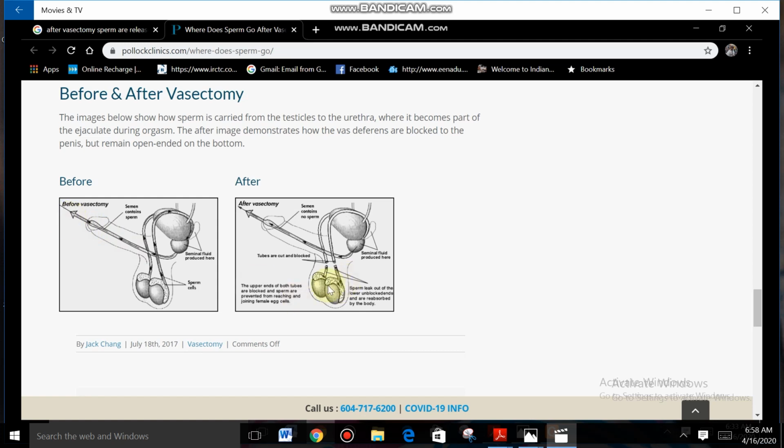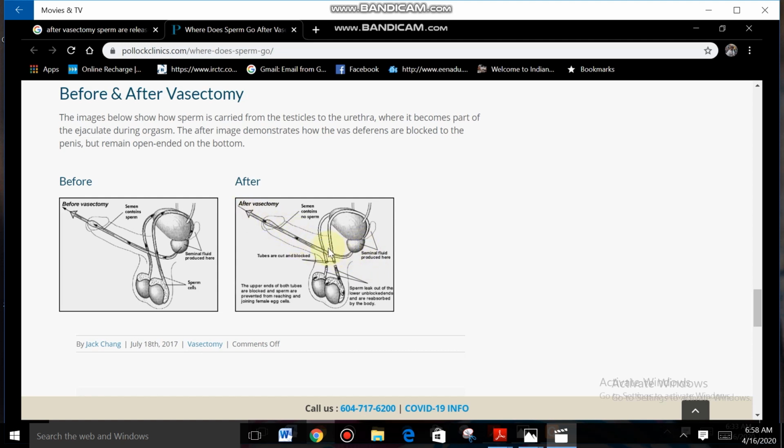And this is after vasectomy. See, after vasectomy what happens? Both vasa deferentia are cut, so sperms cannot reach further into the vas deferens. Through the vas deferens, what enters? Only seminal fluid or seminal plasma.